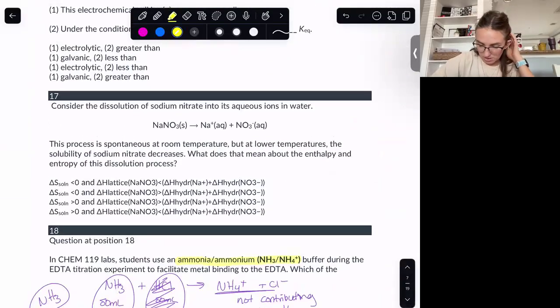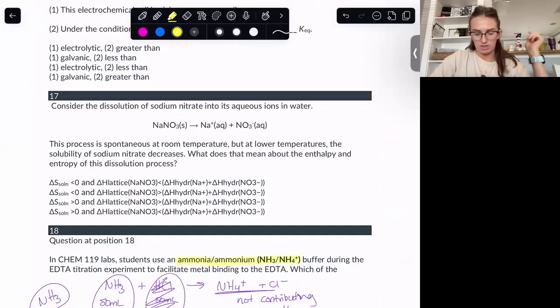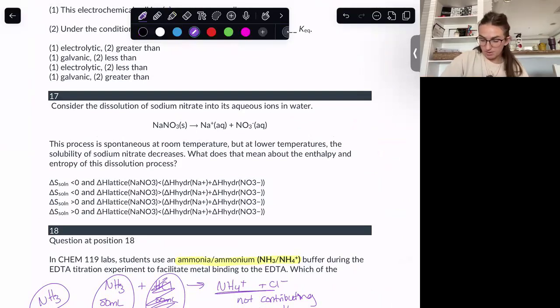When you're looking at this question here, consider the dissolution of sodium nitrate into aqueous ions in water. We're talking about that lattice and hydration. So we know that ions dissolving always increases entropy, right?